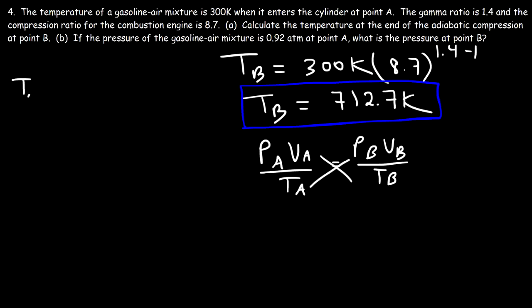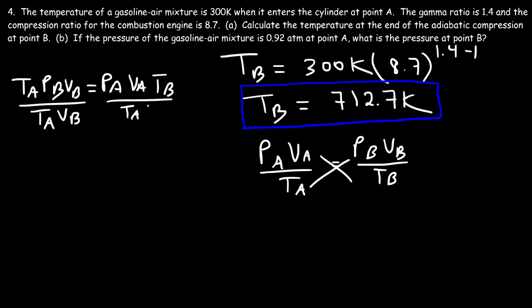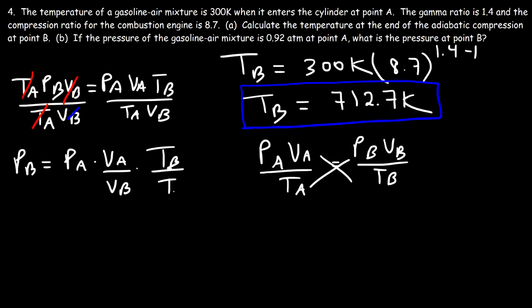So on the left it's going to be TA PB VB, and that's going to equal PA VA TB. So I'm going to solve for PB. So I'm going to divide both sides by TA and VB. So the pressure at point B is going to be PA times VA over VB times TB over TA.